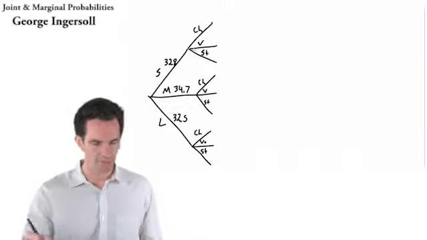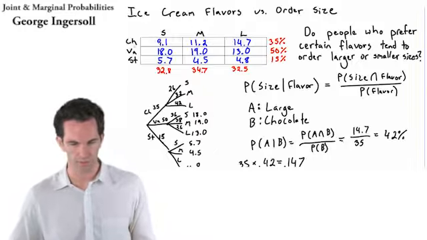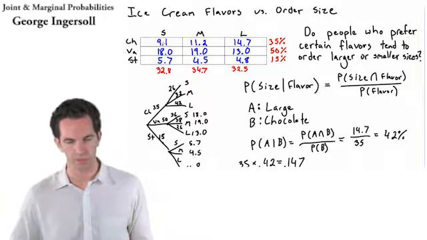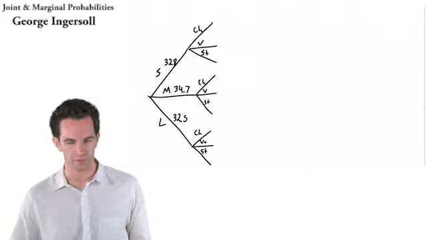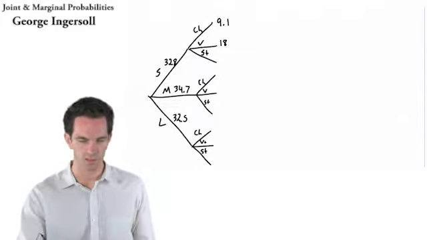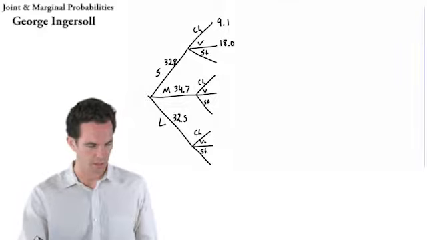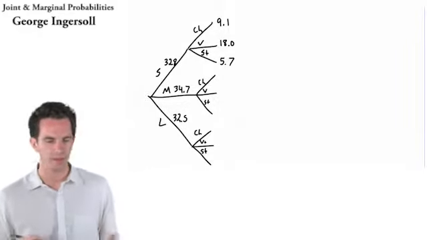We can say, going back here, 9.1 of the smalls were chocolate, 18 were vanilla, and 5.7 were strawberry. So we go 9.1, 18, and what did I say, 5.7 were strawberry.